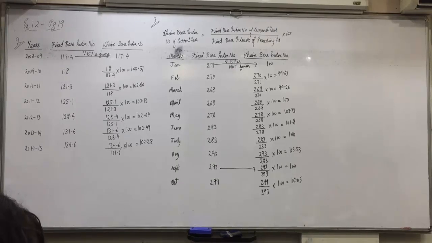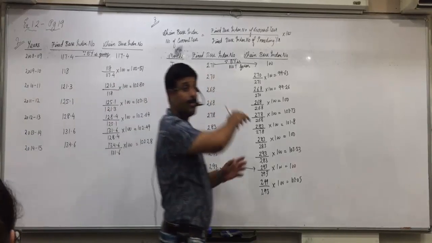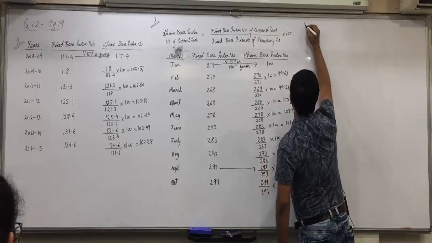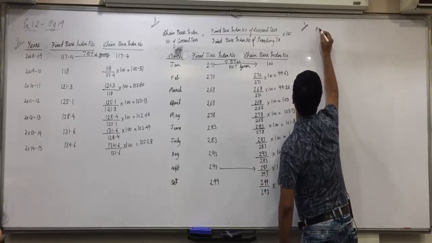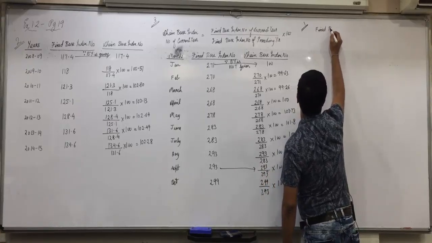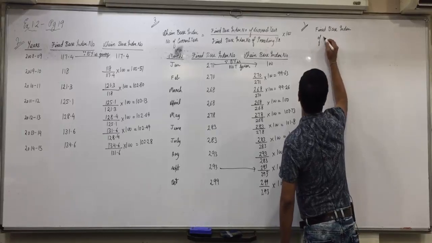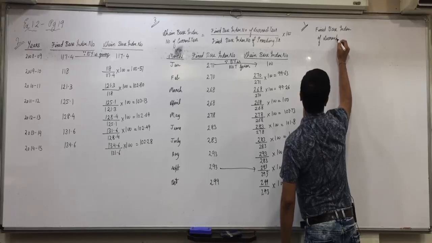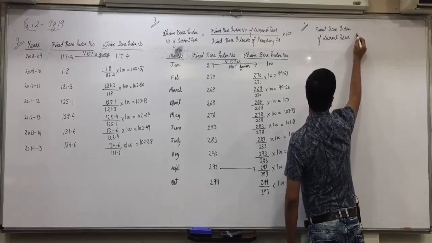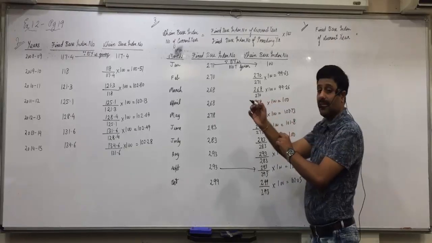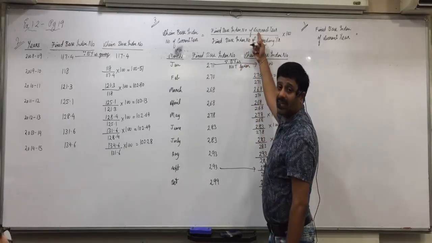First, write the formula. From this itself, we derive the formula. So first, you write the formula that FBI, fixed base index of current year, is equal to. Now see here, from this itself, you derive fixed base of current year.